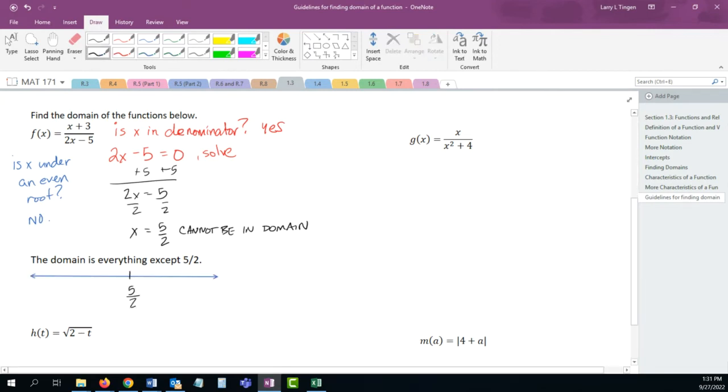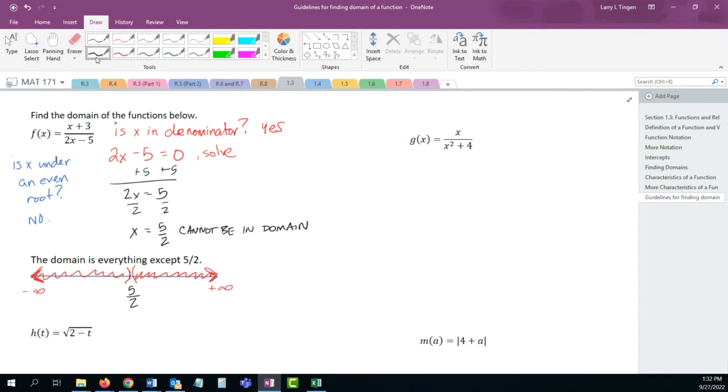Here's 5/2, and the domain starts at negative infinity, goes all the way up to 5/2, stops, does not include it. I hop over it, I pick up on the other side, and I go on in the positive direction forever. This arrow represents negative infinity, this arrow represents positive infinity.